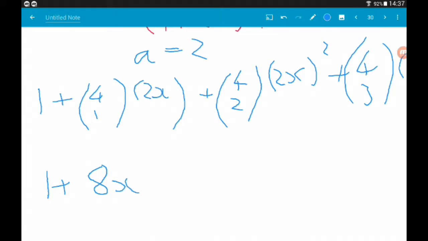Now 4 choose 3 is, sorry, 4 choose 2. 4 choose 2 is 6, and 2x squared is 4x squared. So we've got 6 times 4x squared.